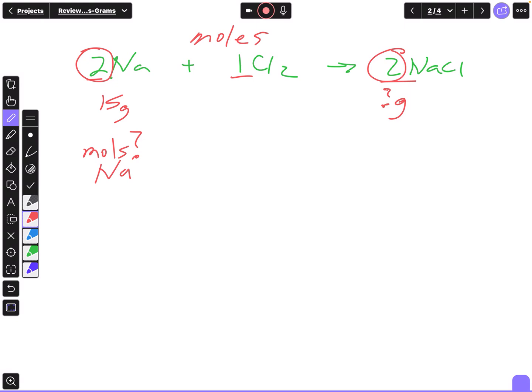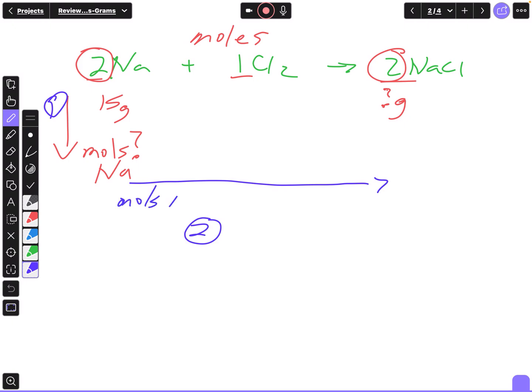In step one, I divide by my molar mass to get my moles of Na. My second step is I have to go from moles of Na that I calculated to moles of NaCl, and I do that by using the balanced equation.